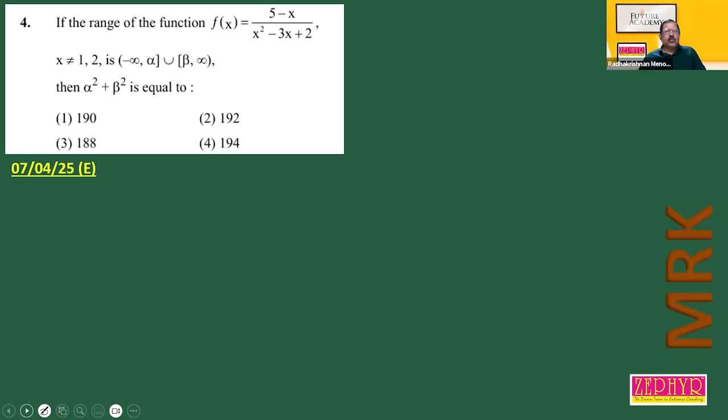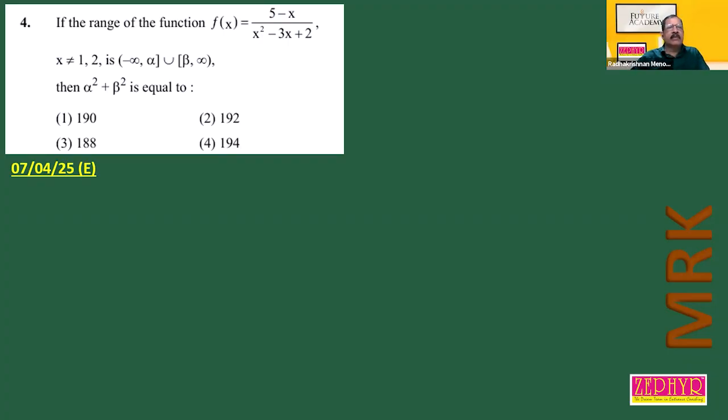So we have to find alpha and beta. For that, we have to find the range. Range means the set of values f of x takes.